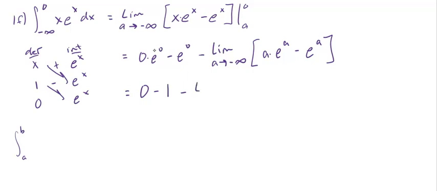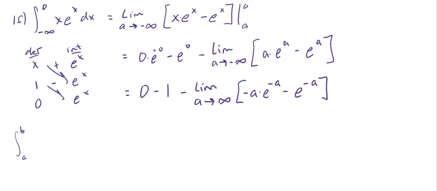And then I get minus limit as a goes to, and in order to make this a little bit easier to see, I'm going to write a goes to infinity of, and I'm going to move my negatives in. So negative a times e to the negative a minus e to the negative a.